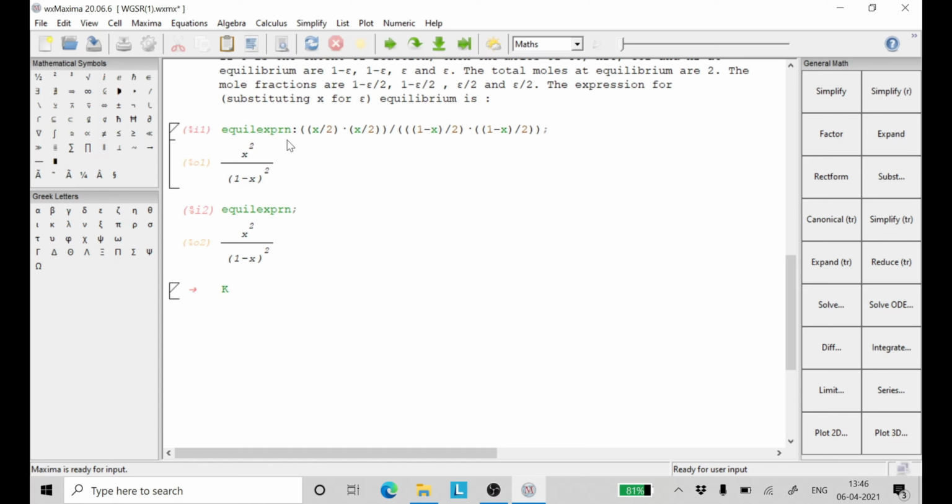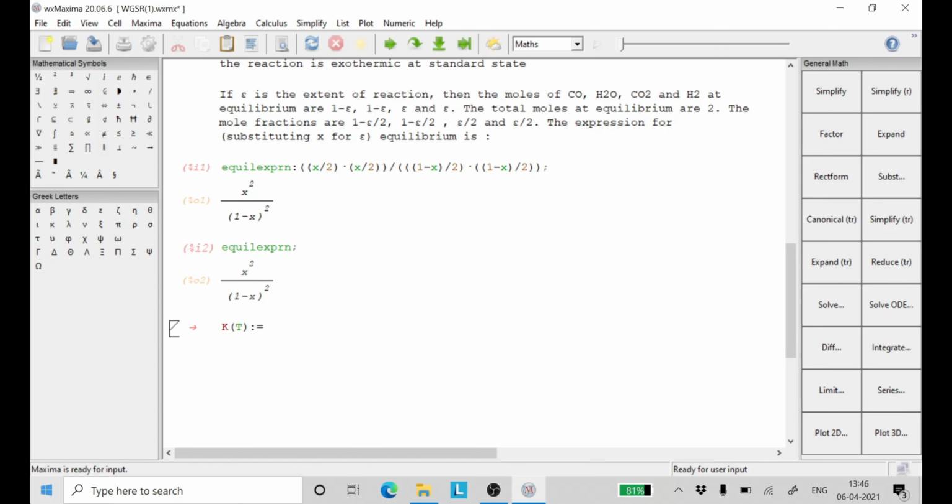Now we have an expression for k, and k can be written down as a function. Whenever we want to write down a function, we write it this way: k(t), where k, the equilibrium constant, is a function of temperature, is equal to, so we put colon and then equal to and write the expression.